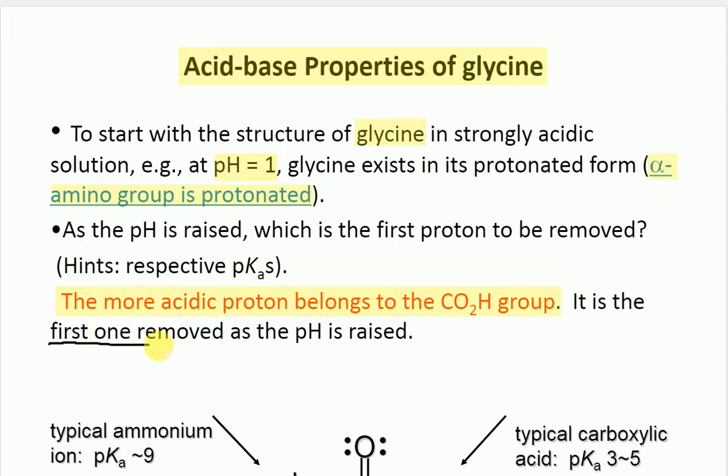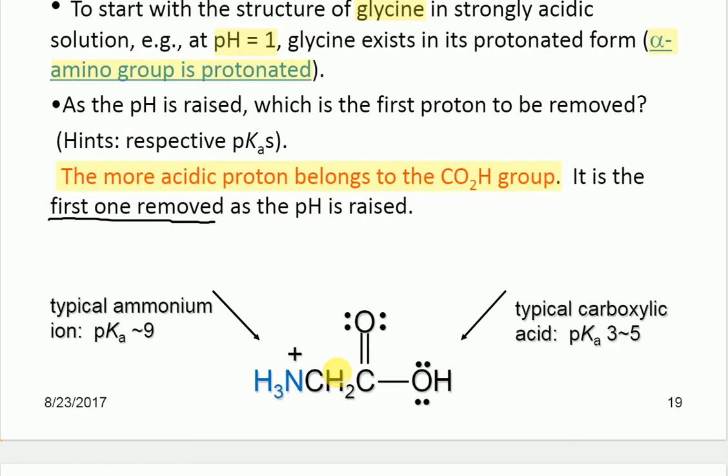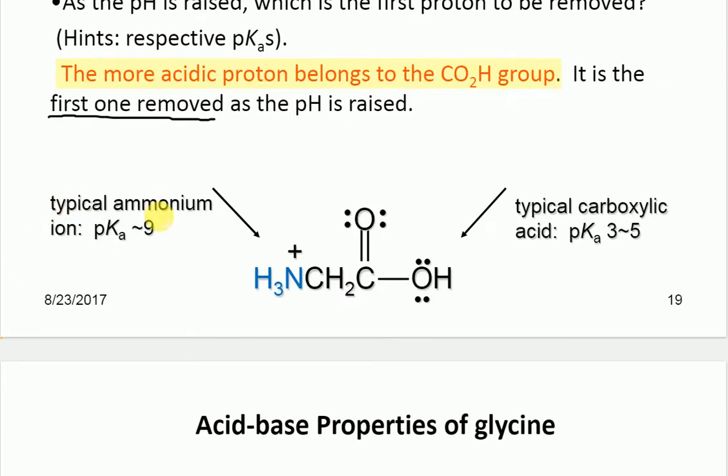So here is a typical ammonium ion with a pKa of approximately 9. Here's a typical carboxylic acid, pKa from 3 to 5.